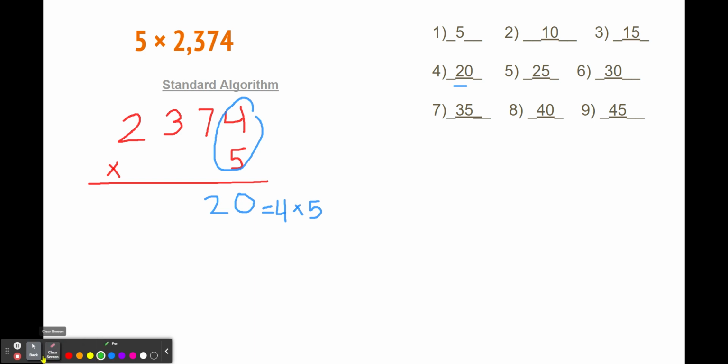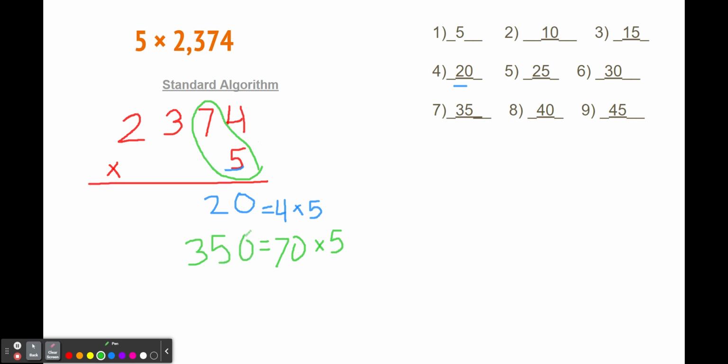Now I need to multiply 5 times 7 tens, which is going to be 70 times 5. So 5 times 7 tens gives us 35 tens, which, if we write that in standard form, is 350.